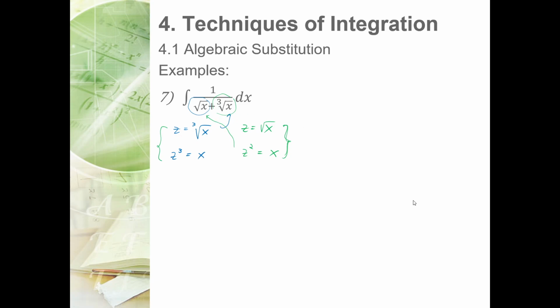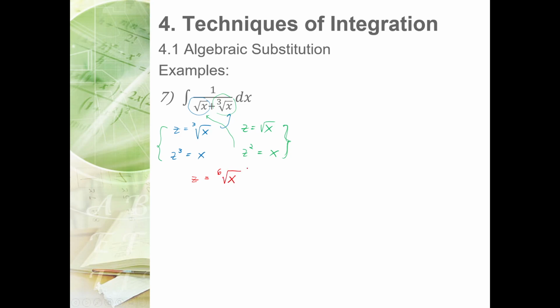So we need to visualize how we eliminate both expressions in one go. In doing so, I think the best way is to represent one radical expression that can eliminate both the cube root and the square root. So what I mean is z is equal to the 6th root of x.